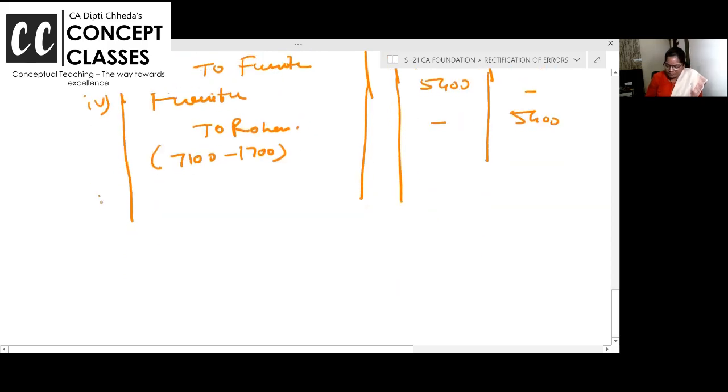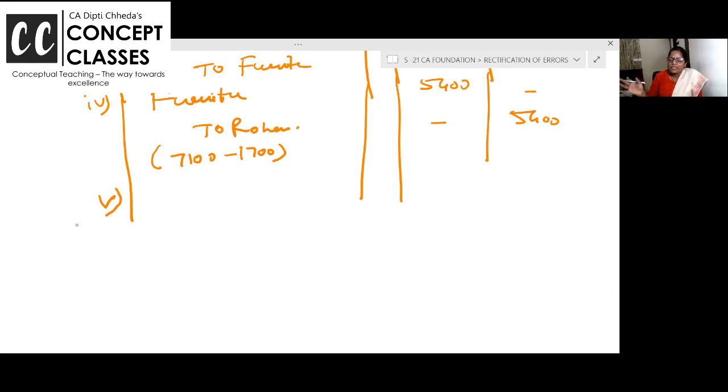Fifth one. Sale of 5,000 to X credited to Y's account. So now you have sold the goods to X. But the posting went wrong, and as of now the trial balance is not prepared.